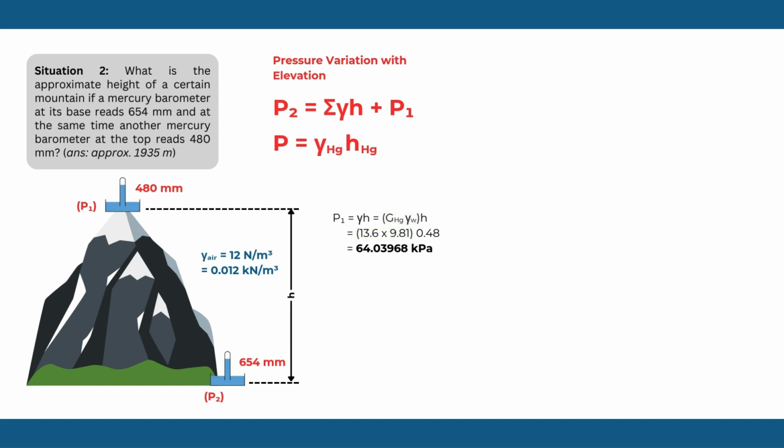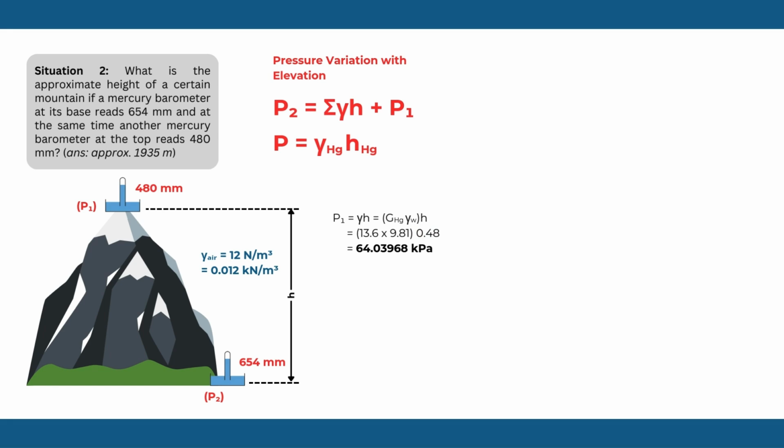Tapos, when it comes to the value of H naman natin, P1 yung sinusolve natin, so gamitin natin yung given measurement na 480 millimeters. And since ang ginamit natin na unit weight is in terms of kilonewtons per cubic meter, need natin i-convert yung H value into meters. So, magiging 0.48 na siya.